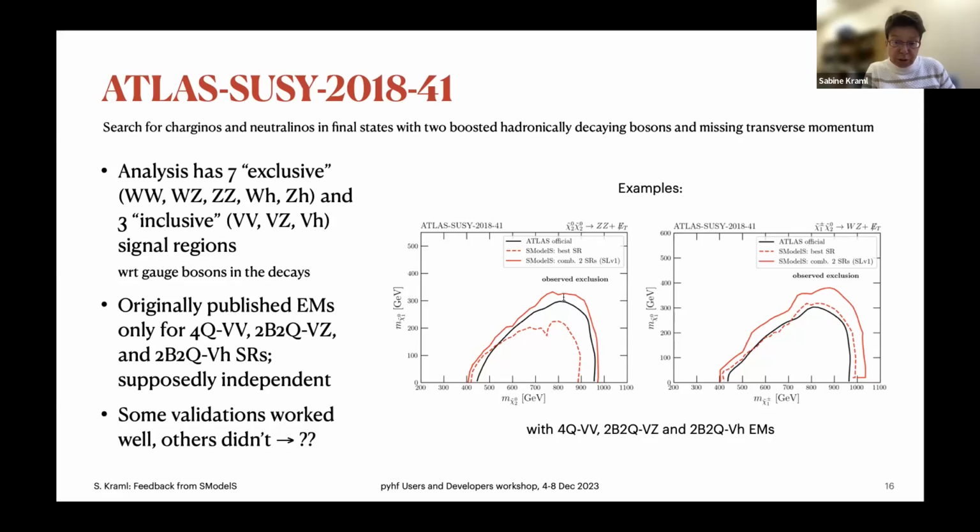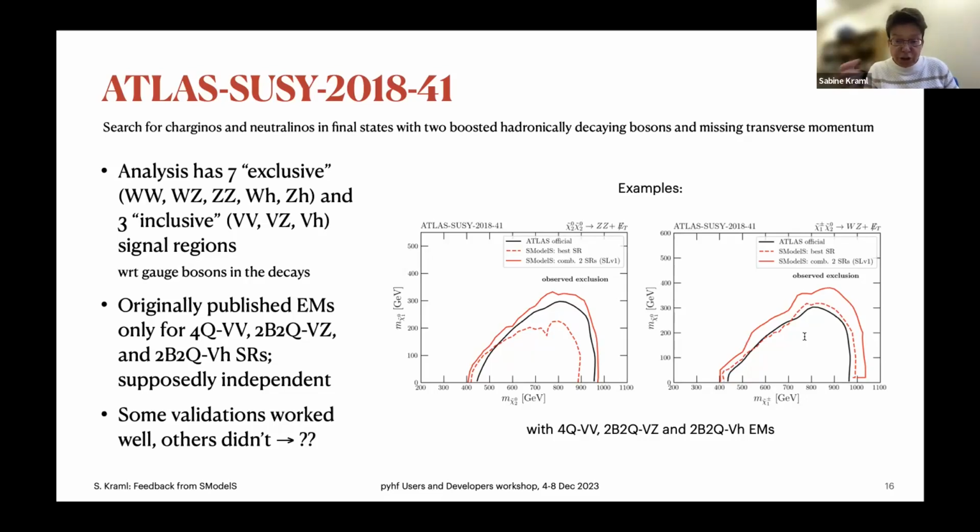It works well and reproduces the official ATLAS limit. But for the WZ final state, so assume chargino-neutralino production, we get an over-exclusion with the same approach. So it's a question of what is going on. Do we lose information by using these more inclusive signal regions?